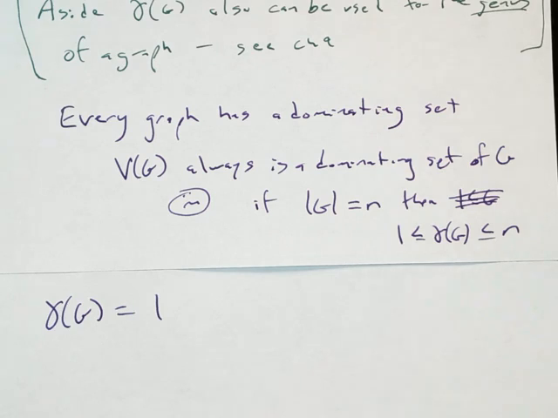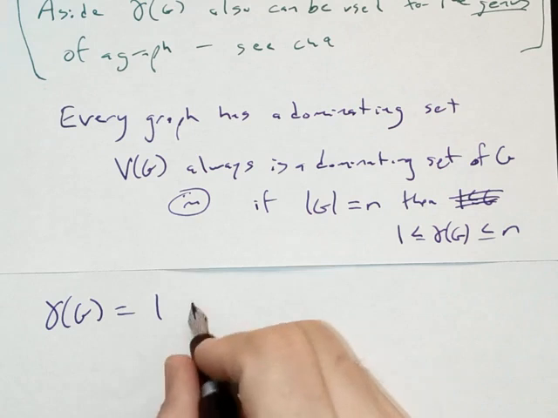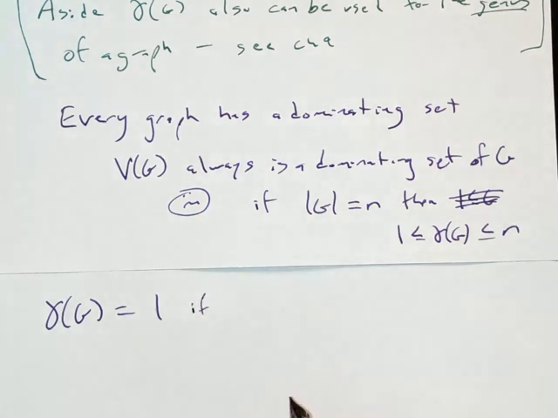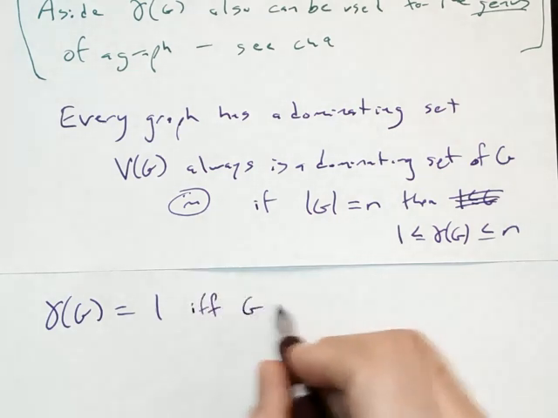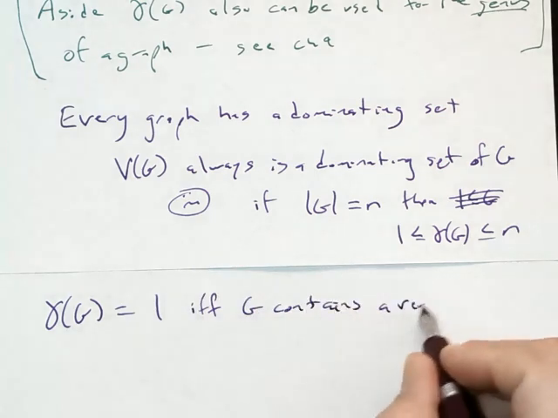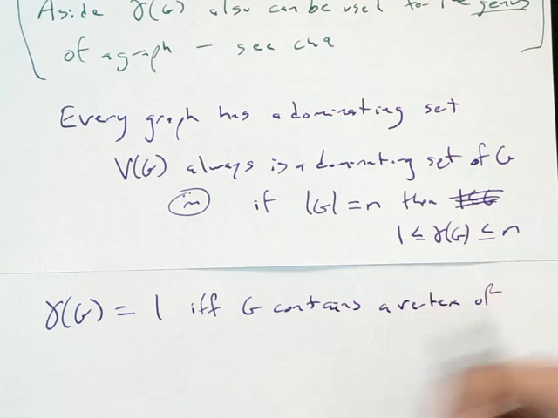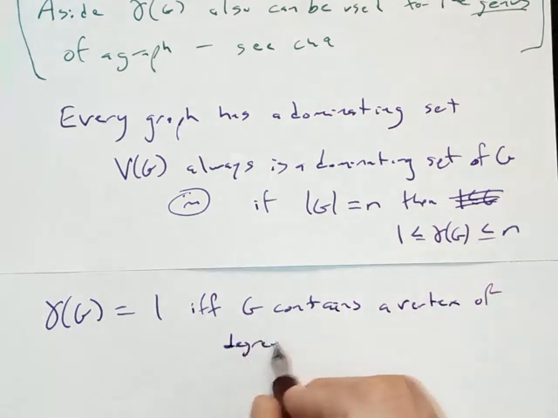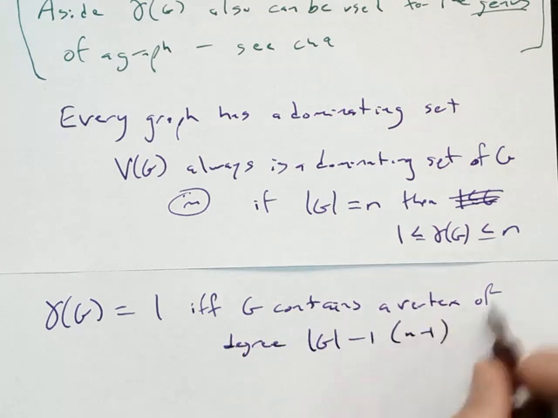There you go. If you've got one vertex of degree n minus 1, then its neighborhood is every vertex.